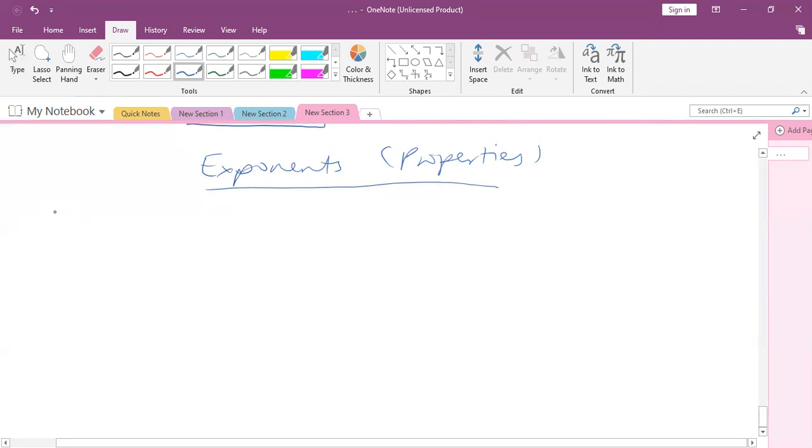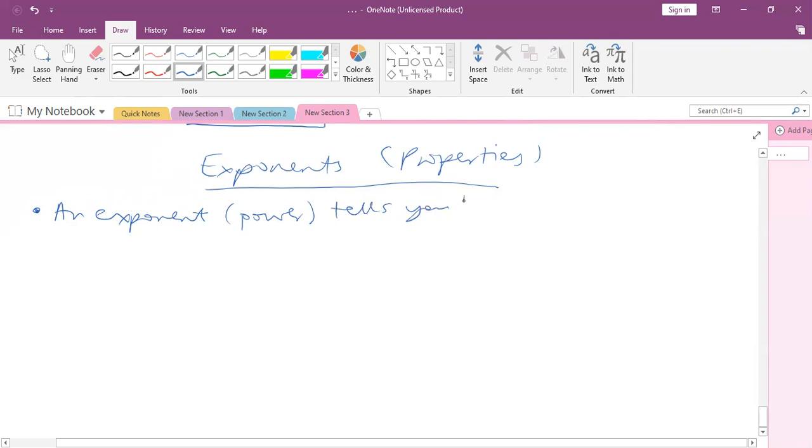So let's begin by defining what an exponent is. So an exponent or power tells you how many times to multiply a base by itself.